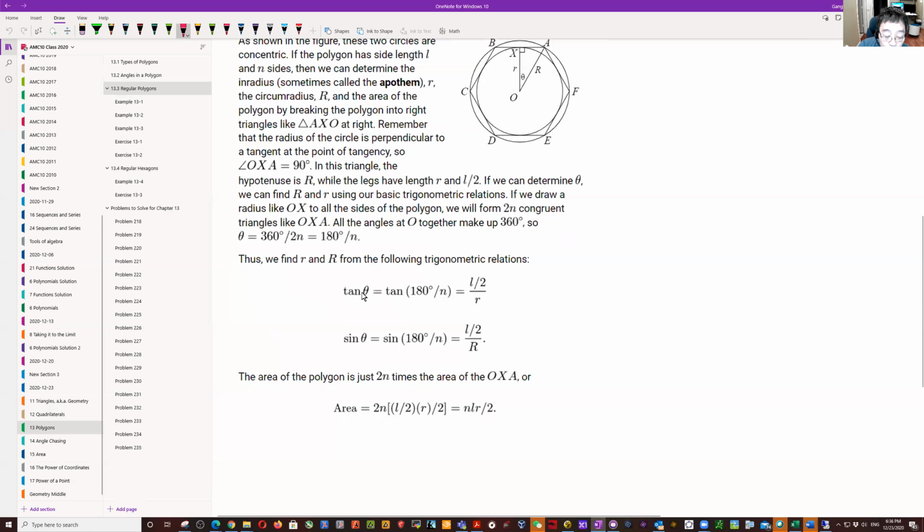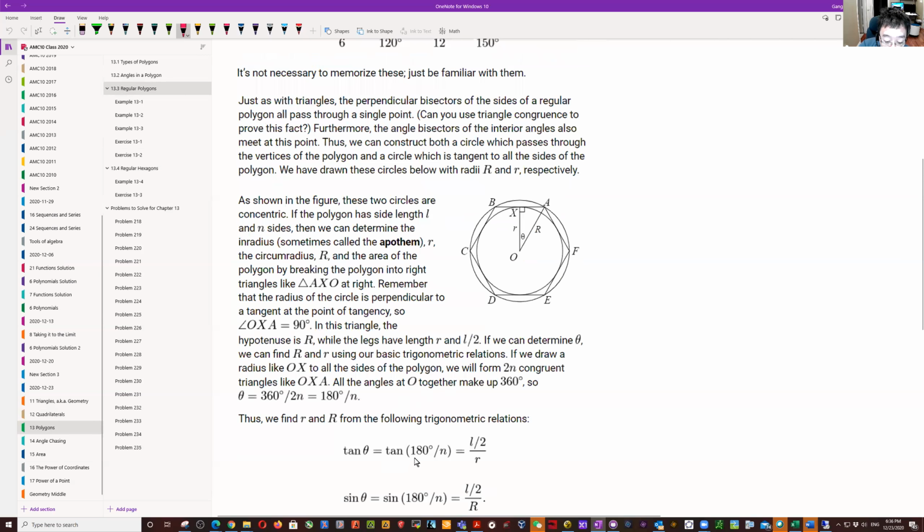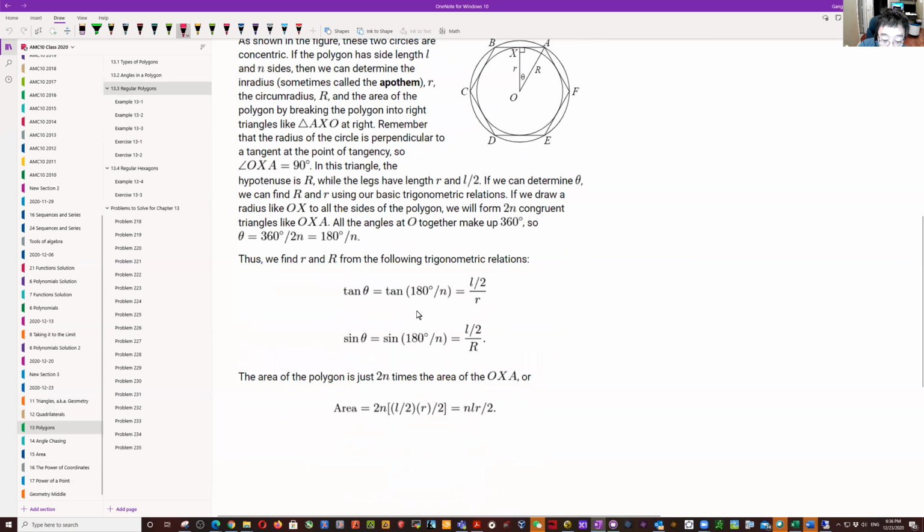So basically, if we do the triangle, it's very advantageous. You are able to use the trigonometry functions to find the relationship between them.